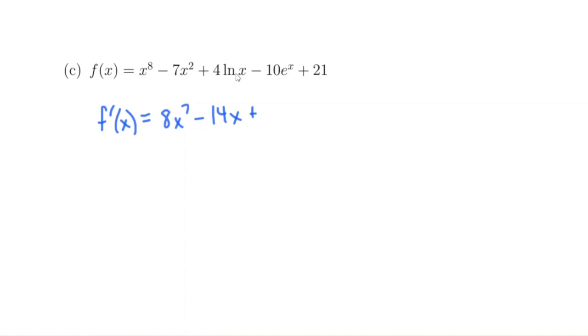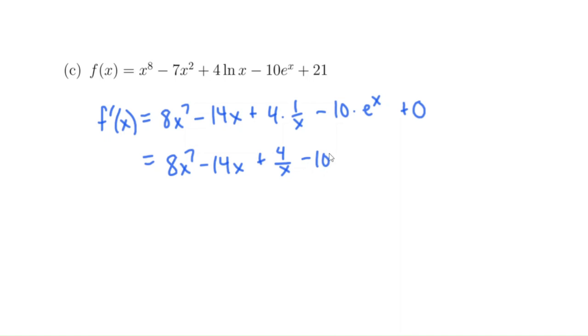Well, we just do 4 times the derivative of ln of x, which is just 1 over x. Now, minus the derivative of 10 times e to the x is just going to be 10 times e to the x. And the derivative of 21 is just 0. Now, we can rewrite this as 8x to the 7th minus 14x plus 4 over x minus 10 times e to the x. And that's our answer.